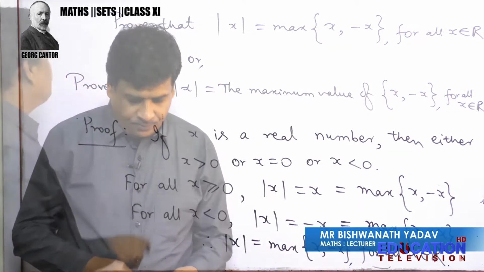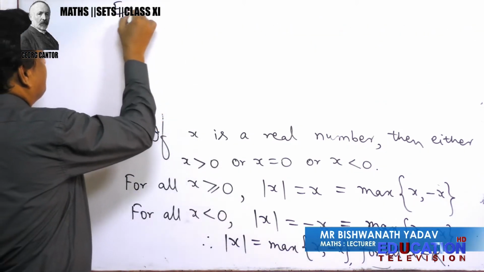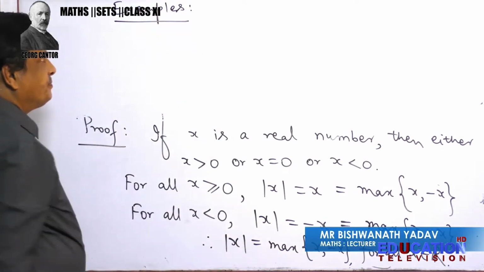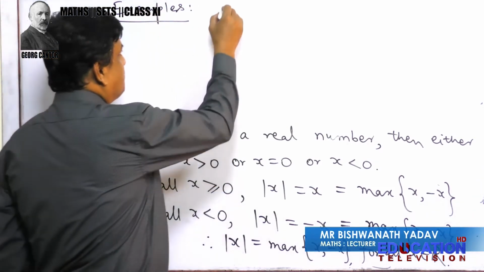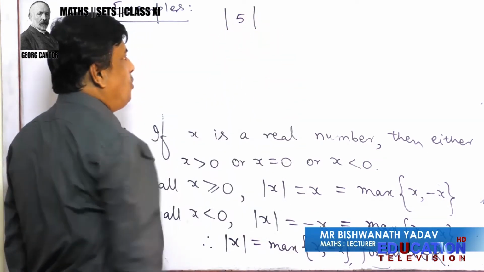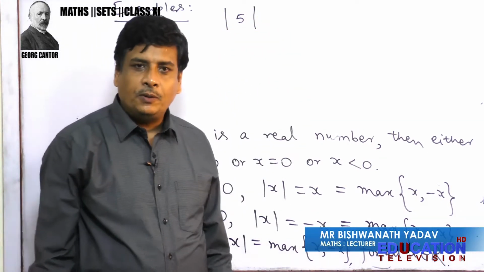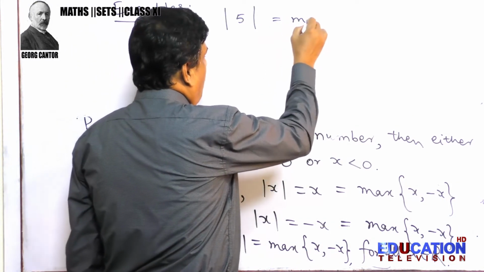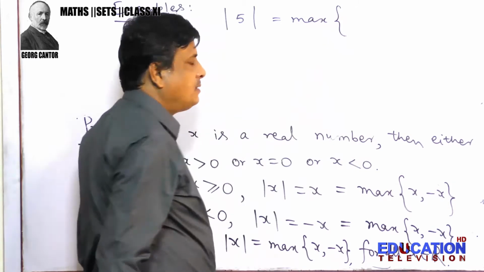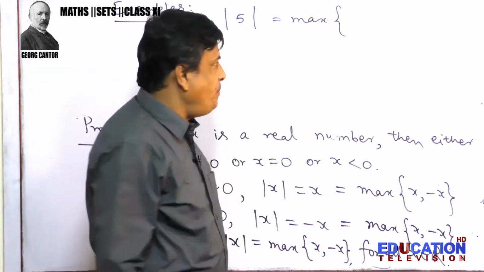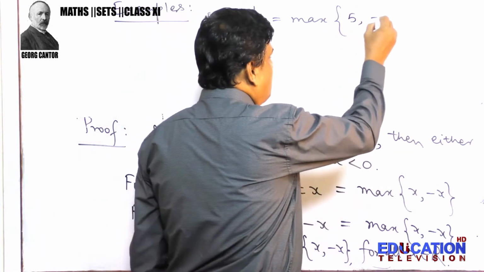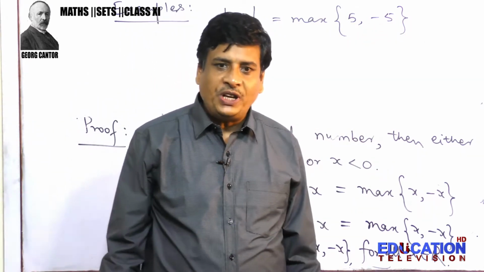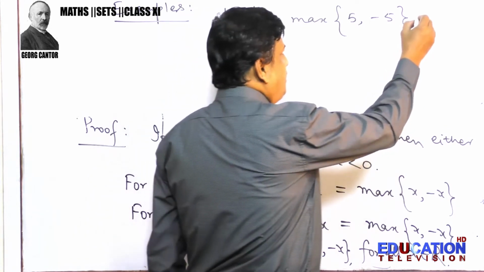Take an example. Modulus of plus 5 is equal to the maximum value of the set containing two elements 5 and minus 5. So out of 5 and minus 5, which one is greater? 5 is greater.